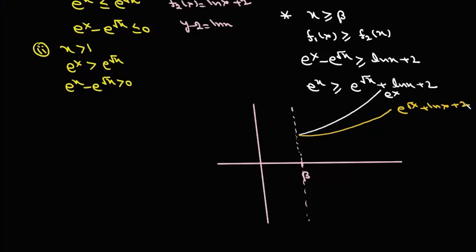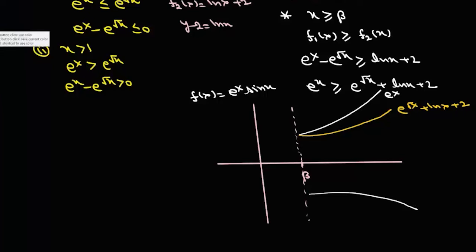Now after establishing this fact, we can come to our original function, which is f(x), and it was e to the power x sin x. Now for e to the power x sin x, the bounds are e to the power x and e to the power minus x. So we draw e to the power x and e to the power minus x. Now at beta, we are not sure about the phase of sin x.